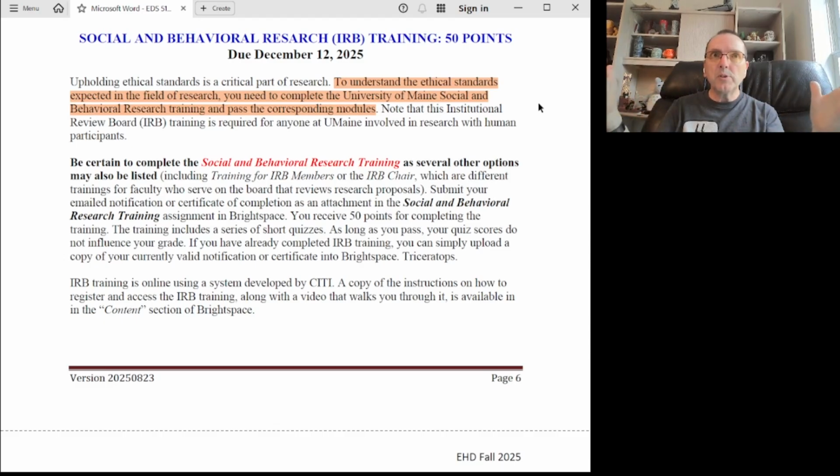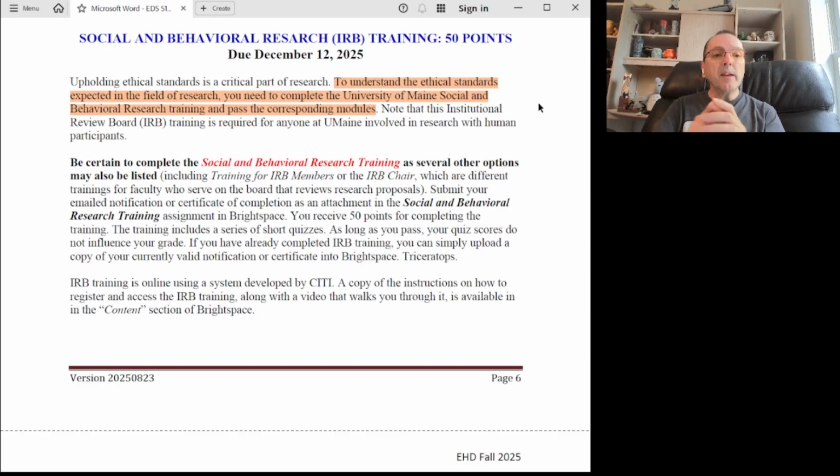Every research university has some mechanism for this. If I'm going to do research, I have to go through training to learn the ethical standards of good research. And you learn some of the history and some of the issues of the past and why we have to have these sorts of trainings. So I think this is perfect for a course like this. So we all go through this training that's online.